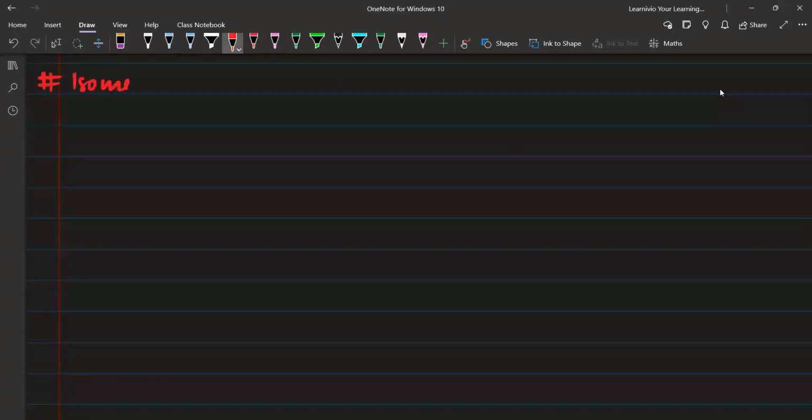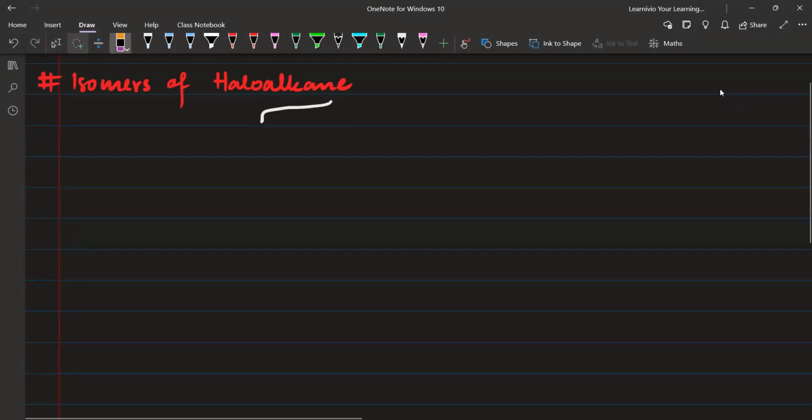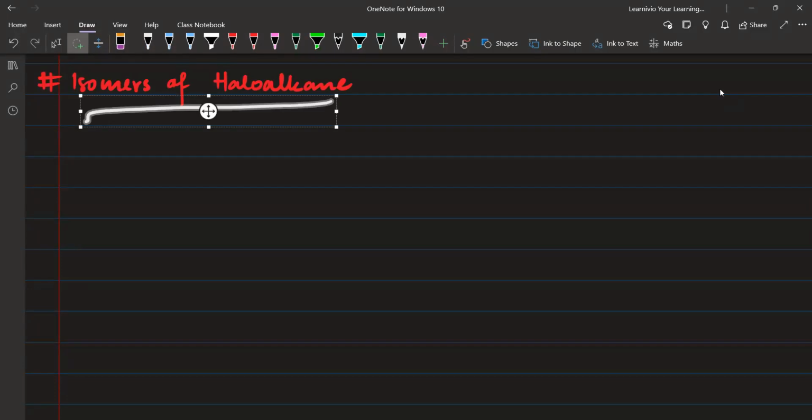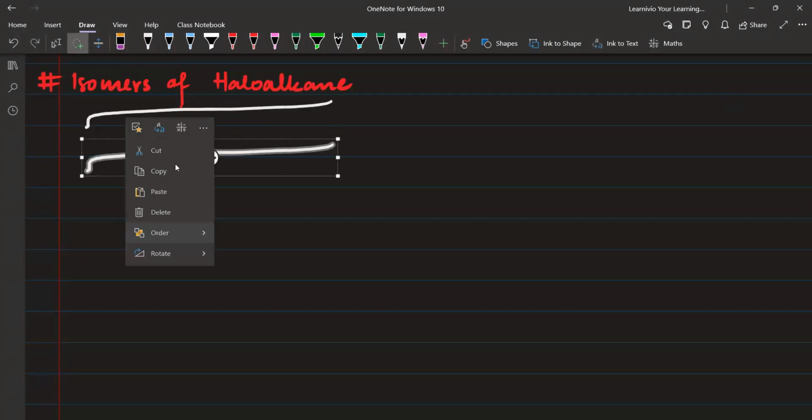Now, there are two different types of isomers that we are going to learn in haloalkane. We are not going to do anything very fancy, very simple things. If you know it already, we are just revising this. If you don't know, then it's even better that you are learning something new.